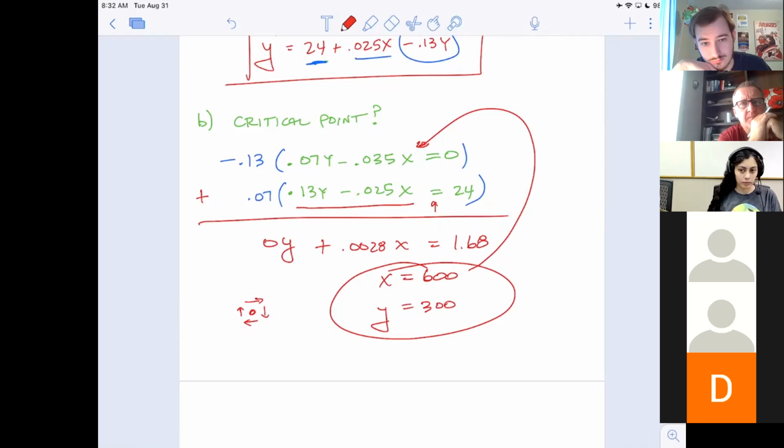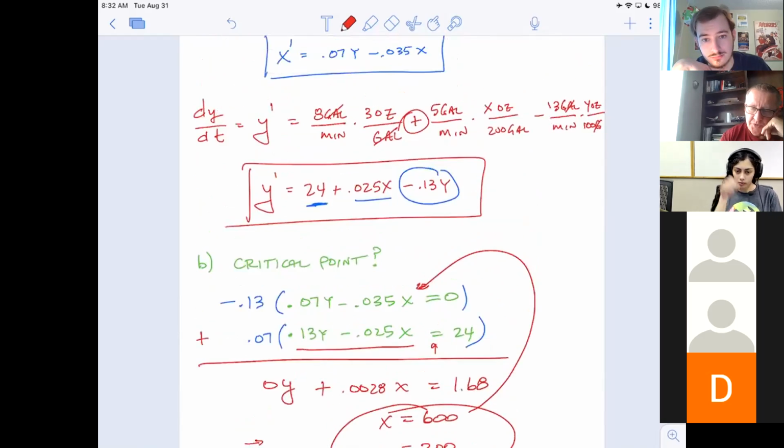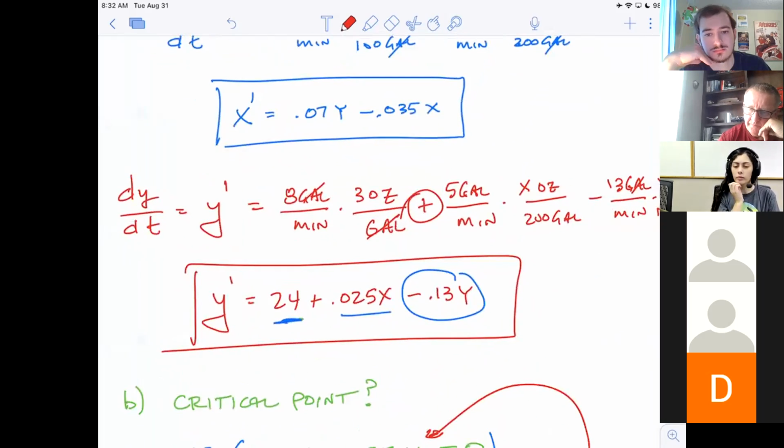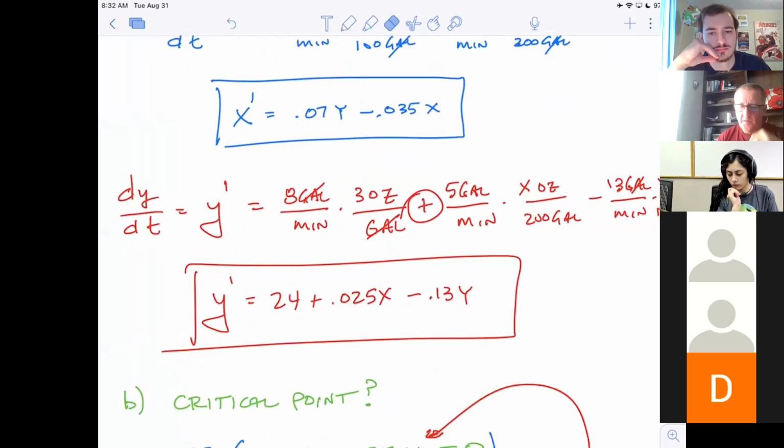So let's back up to here, and then just for the heck of it, let's go put that into a graphing utility of some sort.